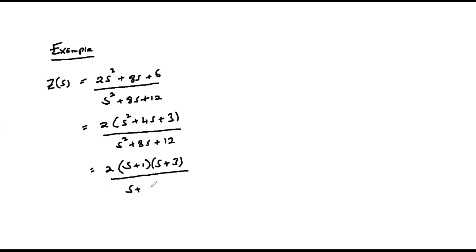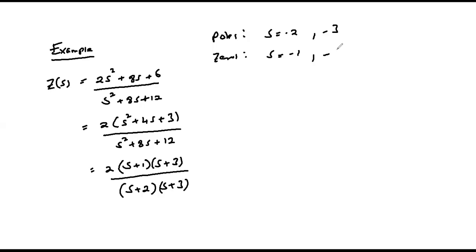So we write (s + 2)(s + 6). From this we notice that our poles are at s = -2 and -6, and our zeros are at s = -1 and s = -3.